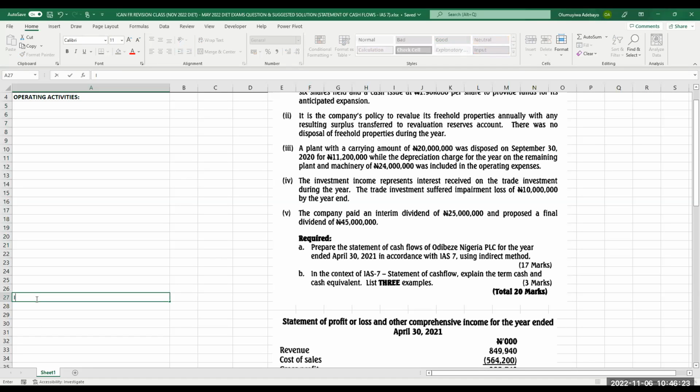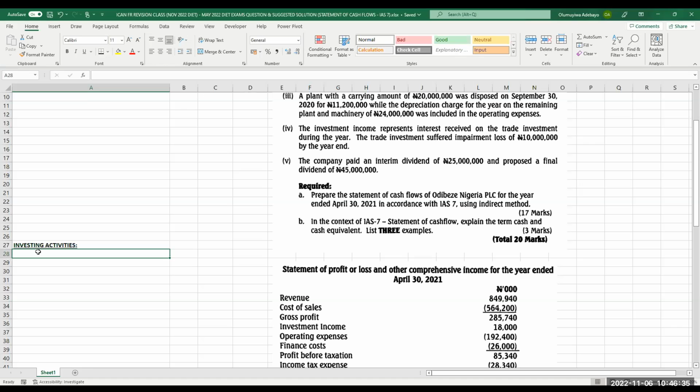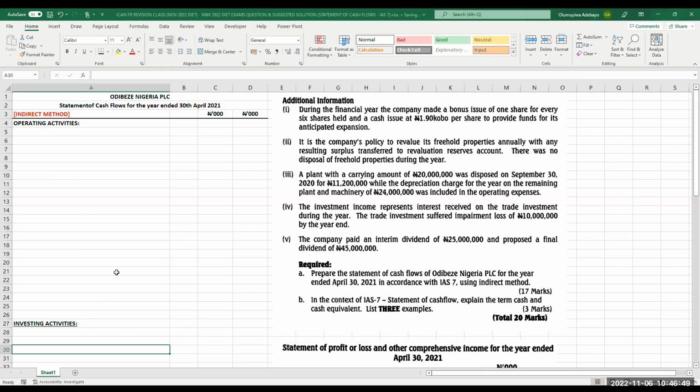I come to investing activities. But if I'm using Excel, I can always insert and delete. For that, I might leave like 6 lines. Then my financing activities. Okay, that is that. Now I'll pick my items one by one. The first item I'm going to pick is my profit before tax.